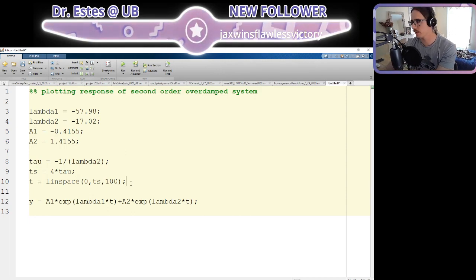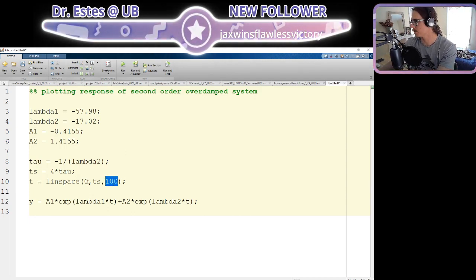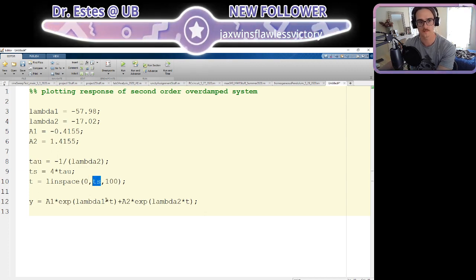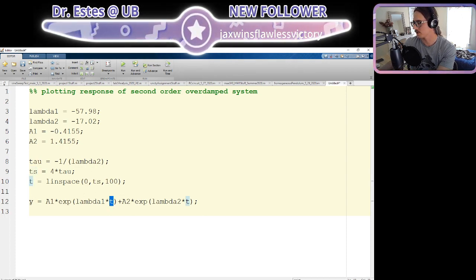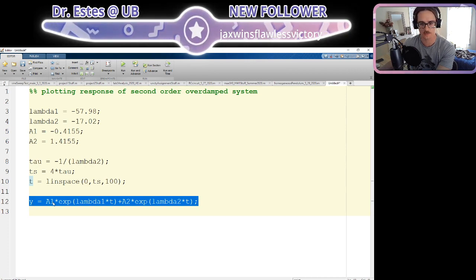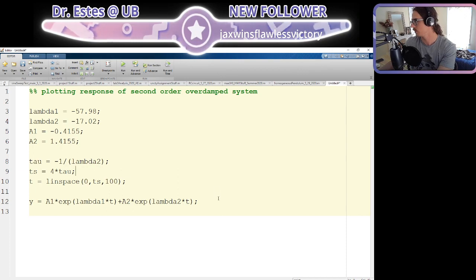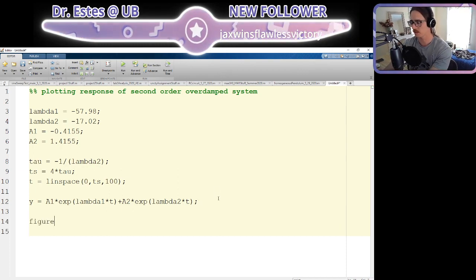So it's going to generate 100 evenly distributed points between 0 and the settling time. And so now when I plug time into this equation here, we're going to solve for the system output at all of those points. All right, let's plot it.